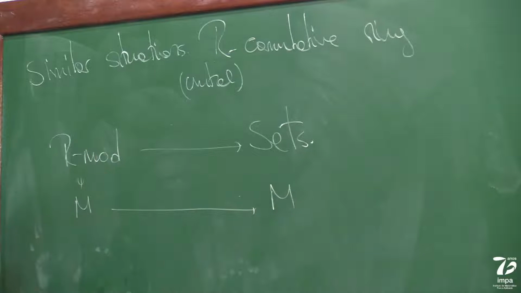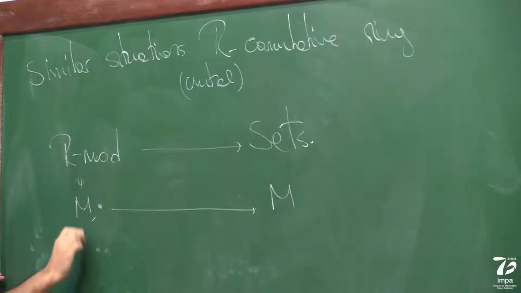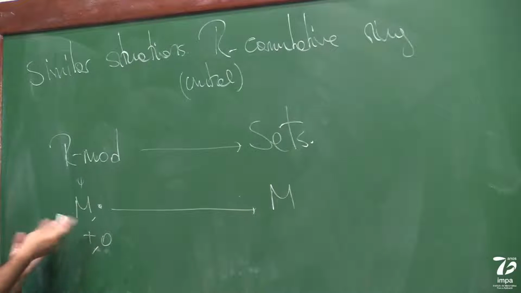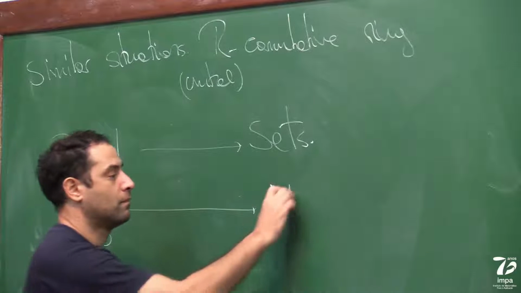So this M is a set with an action from the ring, let me call it this multiplication. And this set is an abelian group, so it remembers the plus, and it has a 0, and it has a bunch of structure. And I forget everything, and I just remember the set M.